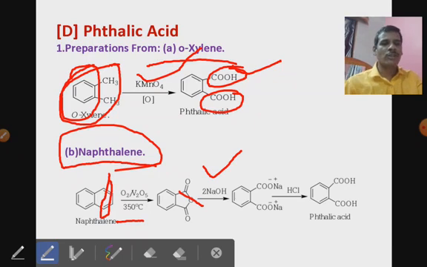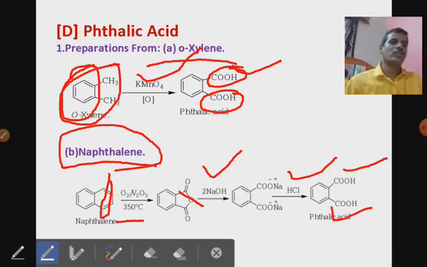The sodium salt of phthalic acid undergoes hydrolysis in the presence of HCl to give the dicarboxylic acid. In this way naphthalene can be easily converted into the dicarboxylic acid, phthalic acid. This is the second method of preparation.